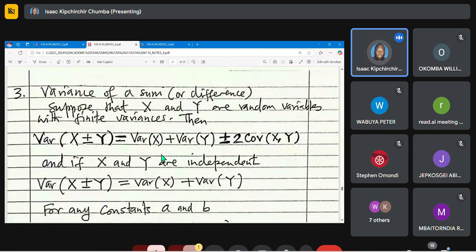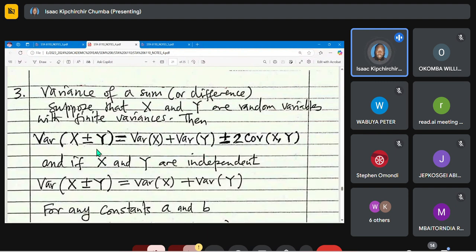Variance of a sum or difference. Suppose that x and y are random variables with definite variances, and suppose you want to get the variance of x plus y or x minus y. When getting variance of a sum or difference, you always sum the variances, whether you are subtracting or adding. Var of x plus y is var x plus var y.